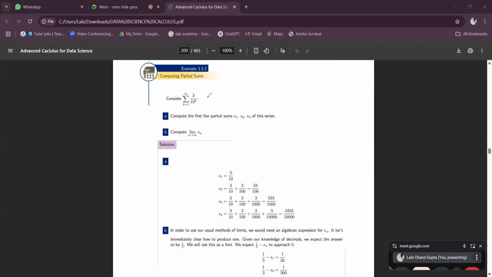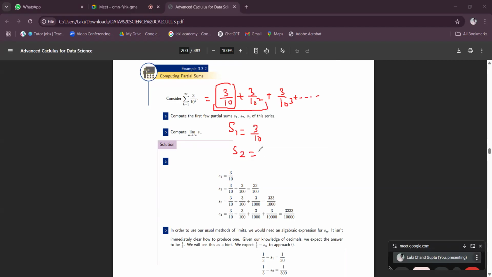First see, you can write what? 3 upon 10 plus 3 upon 10 square plus 3 upon 10 cube and so on, right? If I say find S1, then take only the first term. If I say S2, then first two terms.